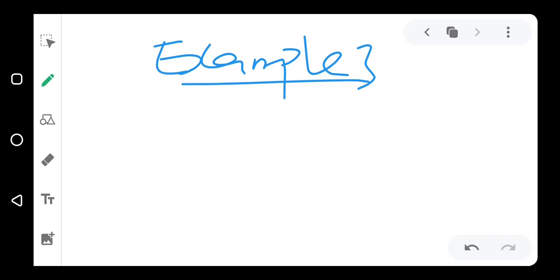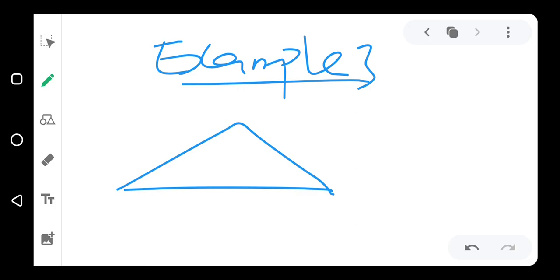For instance, if they draw it like this, let me draw it again. If we have something like this, they put something with a sharp edge here, which means that this place is 90 degrees.